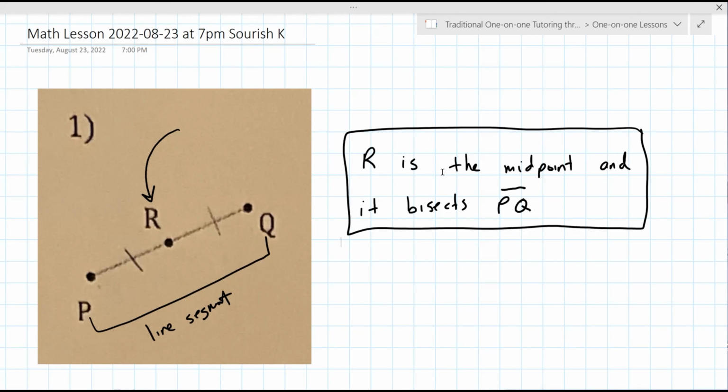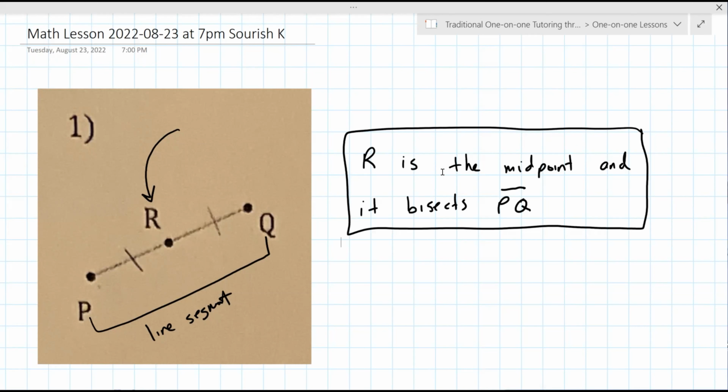Yes. And it bisects PQ. Line segment PQ.